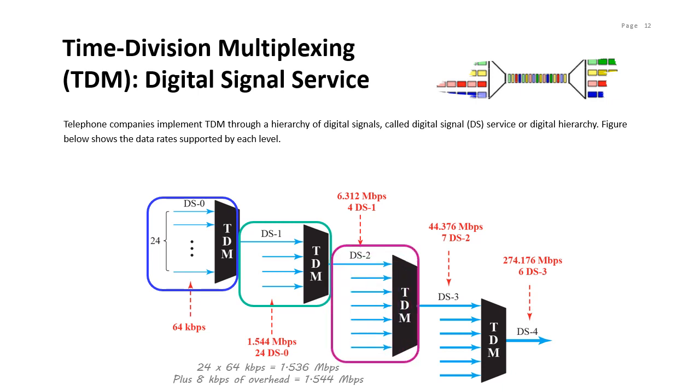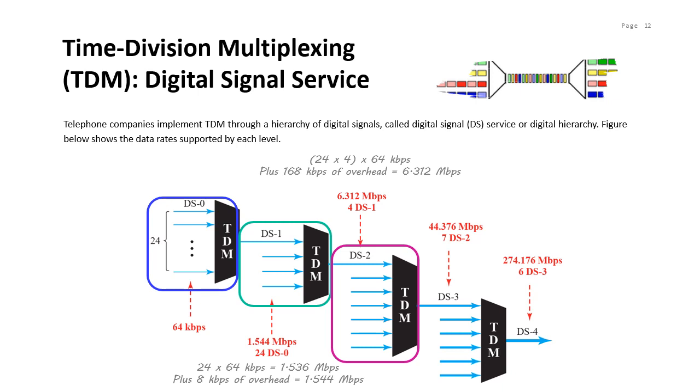DS2 is a 6.312 megabit per second service. 6.312 megabits per second is 96 times 64 kilobits per second plus 168 kilobits per second of overhead. The overhead is to provide extra bandwidth for the DS2 bit stuffing and the DS2 overhead bits. The DS2 overhead bits provide alignment and bit stuffing control.